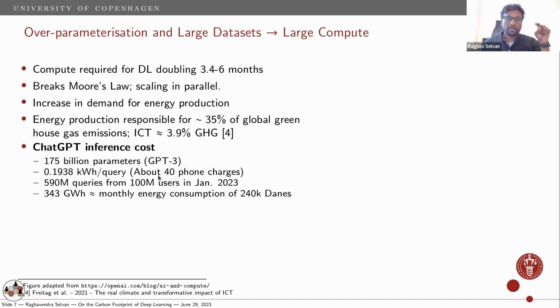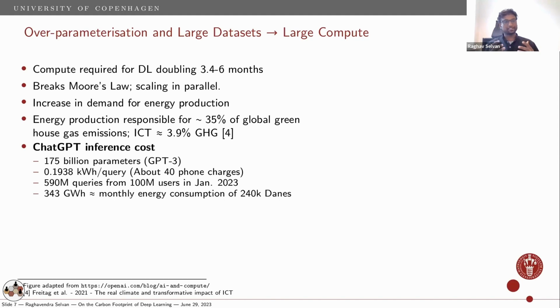Now, in the first month of this year, there were about 100 million users for ChatGPT and about 590 million queries were made. This amounts to 343 gigawatt hours. For the same month, that's like 250,000 Danish people's energy consumption, which is, of course, a big number.